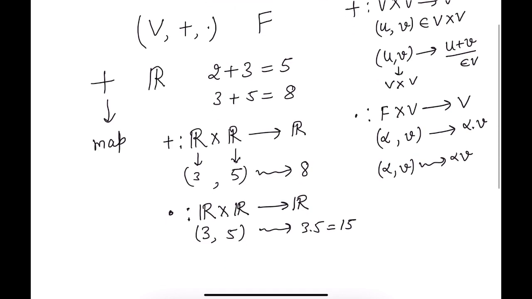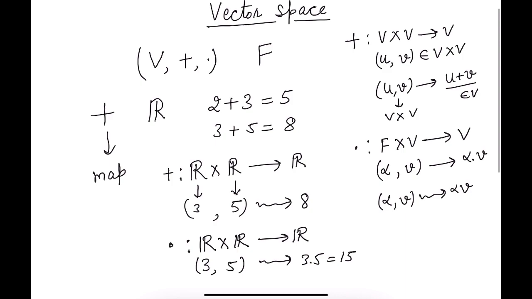Now, what are these two operations? Vector addition and scalar multiplication. Vector addition is called the internal operation, and scalar multiplication is called the external operation.